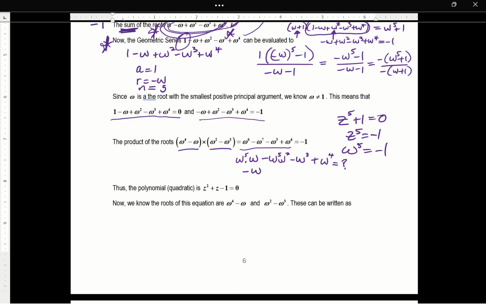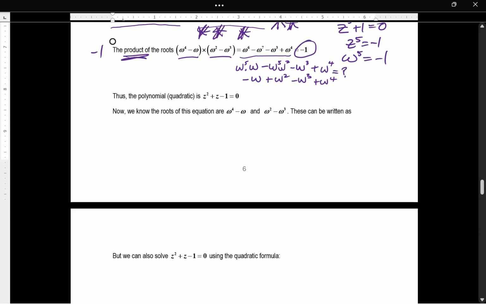So this is minus w plus w squared minus w cubed plus w^4. And when we look at that, we've done that a moment ago up here, and we know that minus w plus w squared minus w cubed plus w^4 equals minus 1. So it wasn't magic. The product of the roots is minus 1.